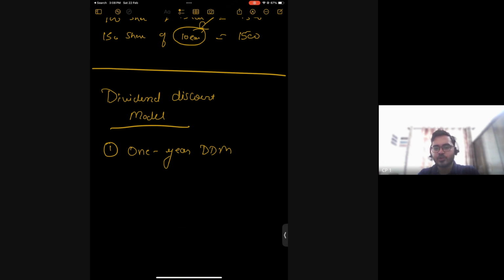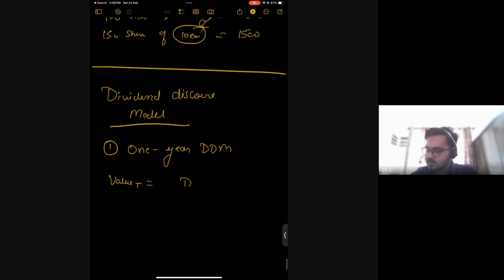In this situation, the value today is going to be equal to the dividend in year one divided by 1 plus the required rate of return, plus the value of share divided by 1 plus the required rate of return.